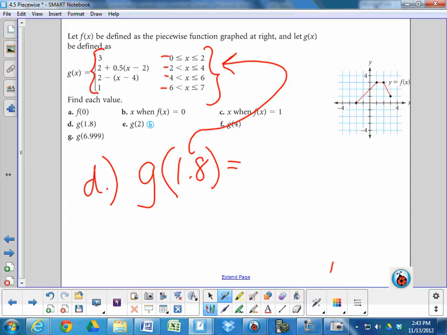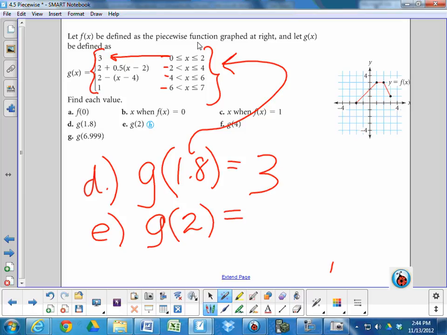So you apply this result. And what do you get? 3. Does that make sense? E, you've been in the garage for 2 hours. Which domain is that in? The top one again? Yeah, because of the little equal bar. So what's the consequence? You owe 3.